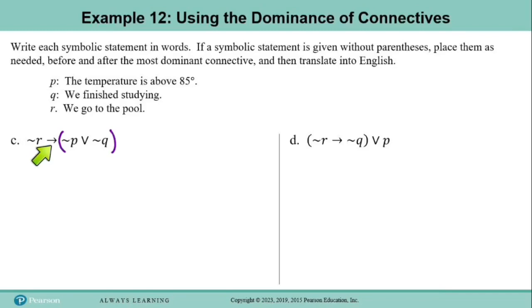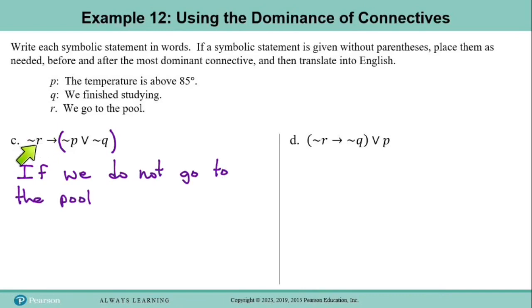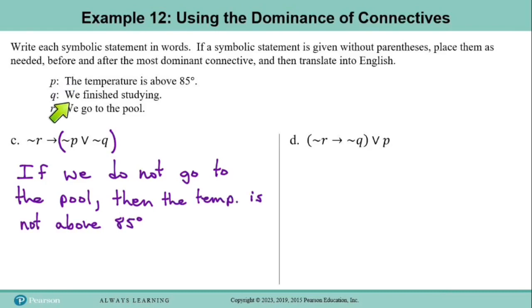So we're going to have to start with the word if. So if, not R. So if we do not go to the pool. And what comes next is in parentheses. So comma, then the temperature is not above 85, or we did not finish studying. Not P or not Q.